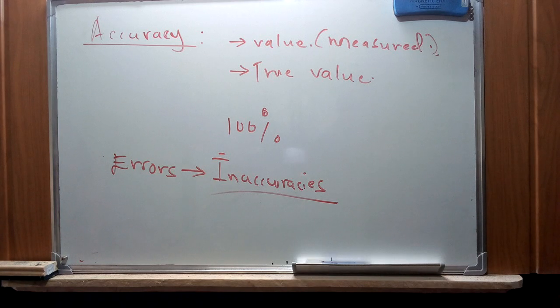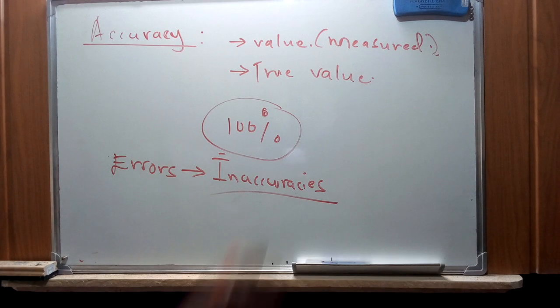So as we have said about the concept of accuracy, error stems from accuracy in the sense that we cannot obtain a measurement to its absolute accuracy of 100%. Therefore, there's going to be a deviation from the true value, which is going to give us uncertainty, which we have referred to as errors.